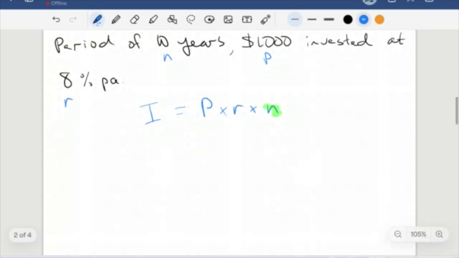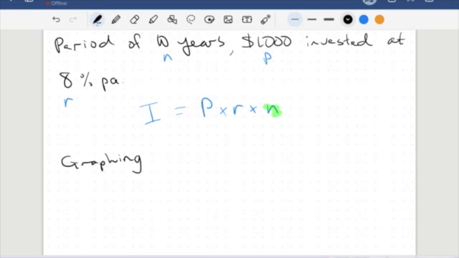Now, with all of these graphs for simple interest and compound interest, the two variables we are eventually going to be graphing are our n against our I. This will become more clear later, but we're going to temporarily ignore this thing over here. We're going to leave everything in terms of the number of years, and we're going to see why this matters when we actually start to draw the diagram.